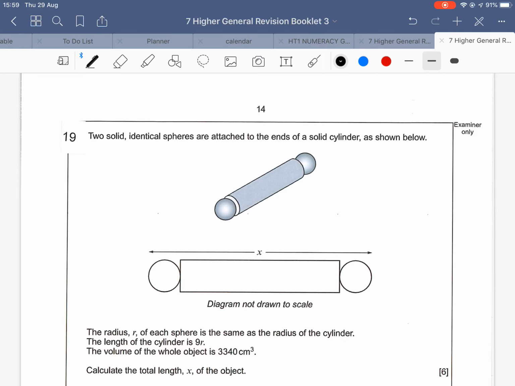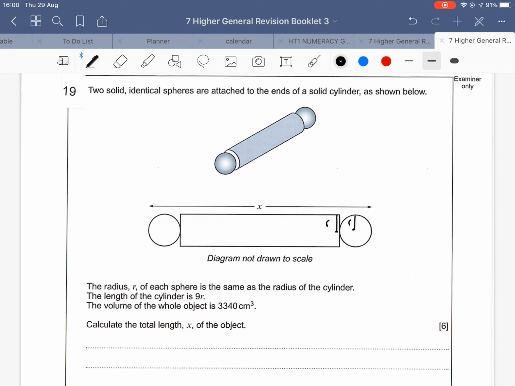This looks complicated. 2 solid identical spheres are attached to the ends of a solid cylinder, as shown below. The radius r of each sphere is the same as the radius of the cylinder. So this r is the same as this r.